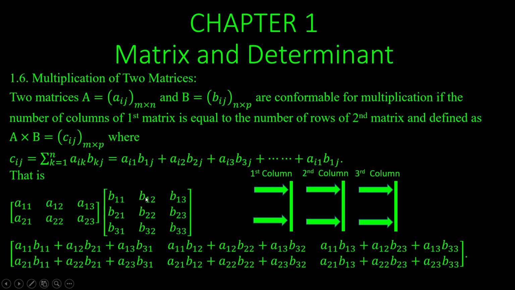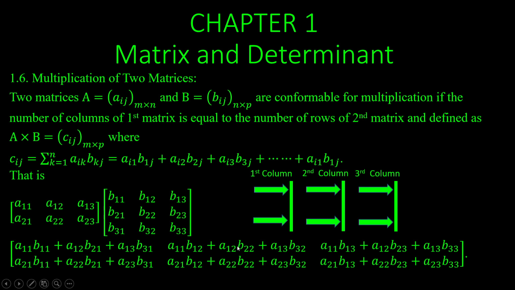Now we have to multiply all the entries of the second column of the second matrix by the corresponding entries of the second row of the first matrix. Then we get A21 B12, A22 B22, A23 B32. But we have to add all of those products. Then we get A21 B12 plus A22 B22 plus A23 B32.